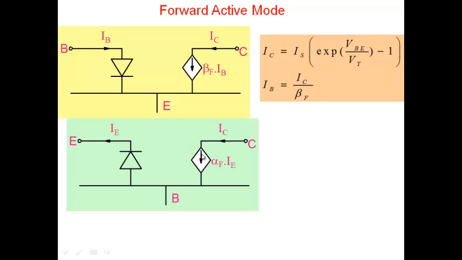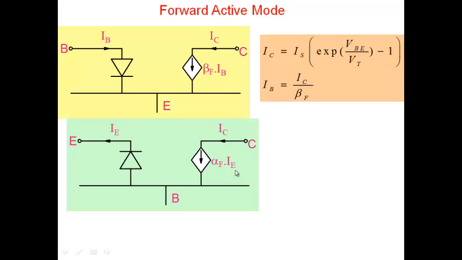Between collector and base, I have added a current called alpha F times IB. Note that this was beta F times IB, and I've called it alpha F times IB here. Sorry, alpha F times IE. It should be IE here because this is a current-controlled current source, so I should write this as alpha F times IE at this particular point.